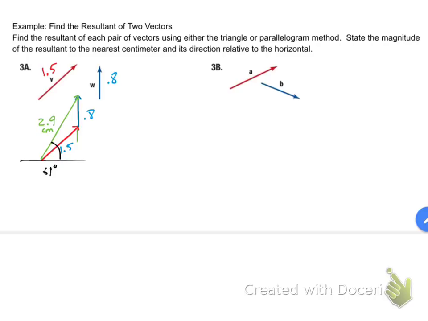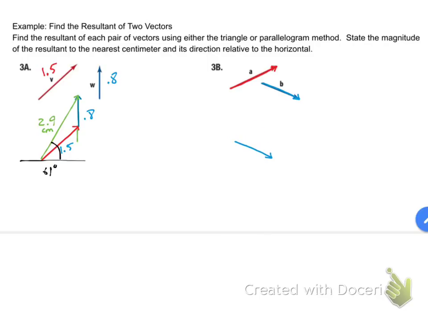So for our next one, I'm going to use the other method, the parallelogram. So what I'm going to do is take these lines and make copies of them. And so here we go. Copy, paste. So I'm going to put one down here.